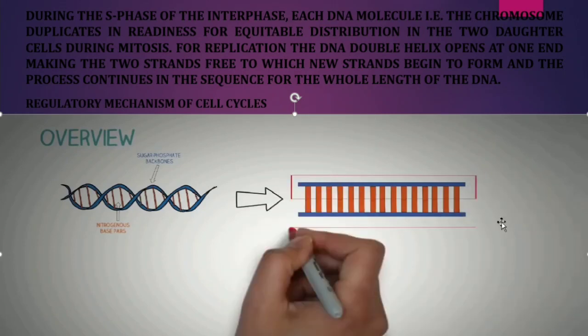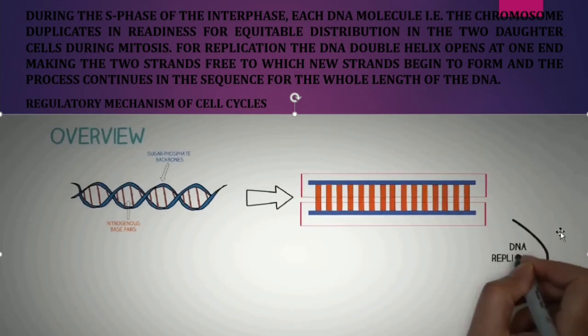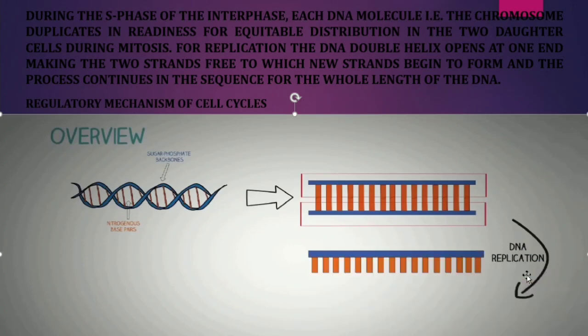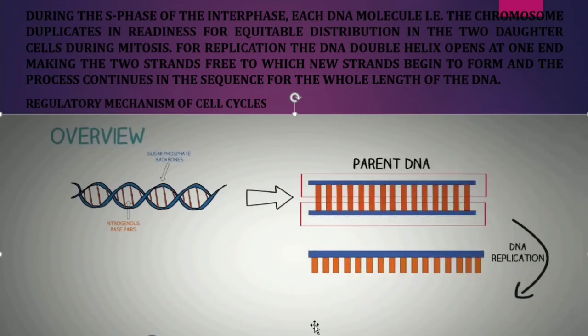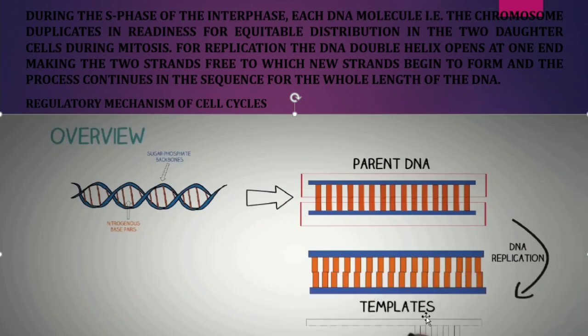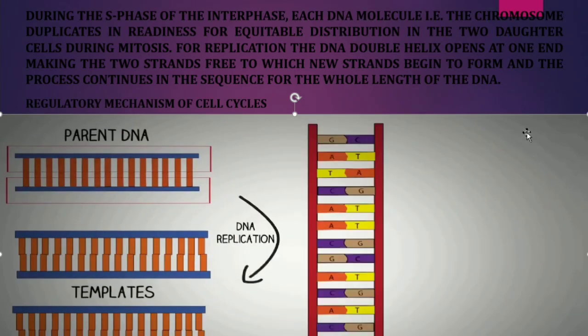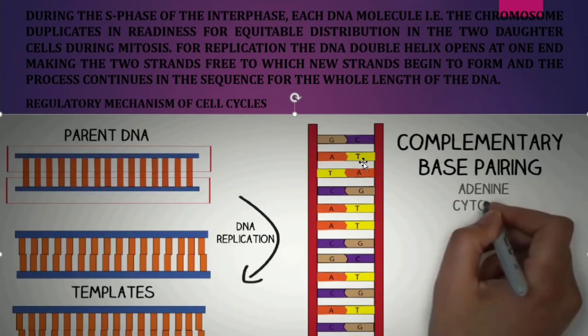First they will unwind and divide into two forms. This is called DNA replication. Each strand will develop, that is, join with another pair of nitrogenous bases and form another strand. This is called a template. The complementary pairs are guanine, cytosine, adenine and thymine.